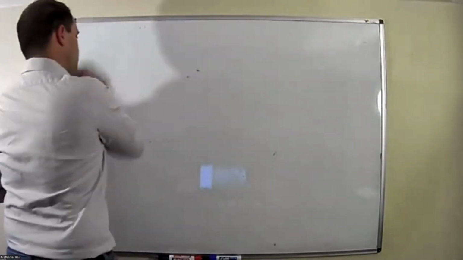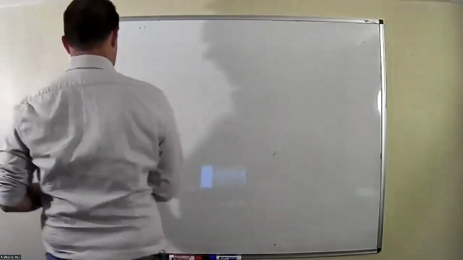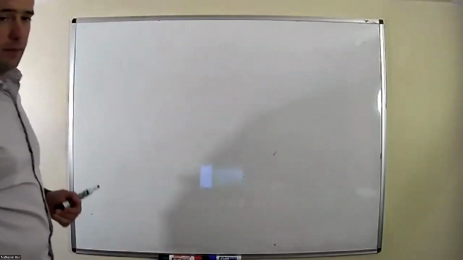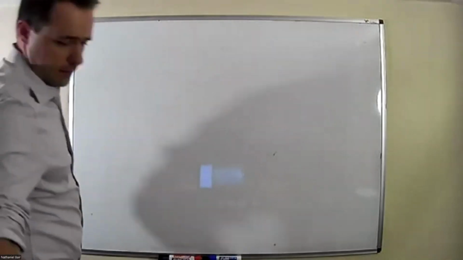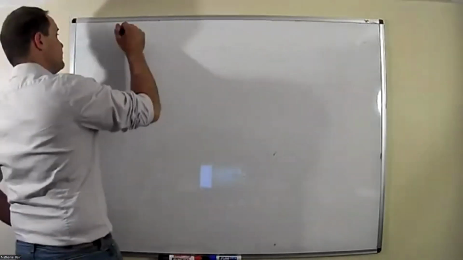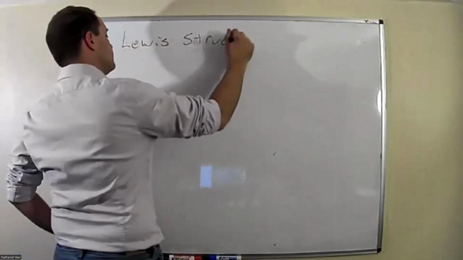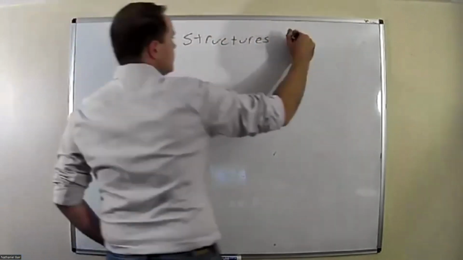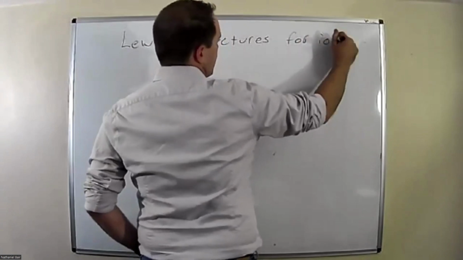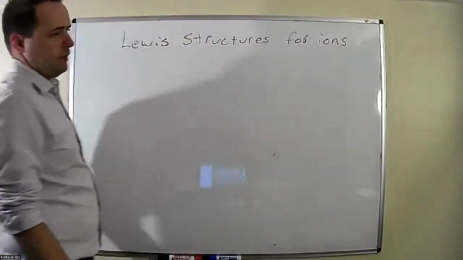All right. What else we got here? Let's do some ions. Lewis structures for ions.